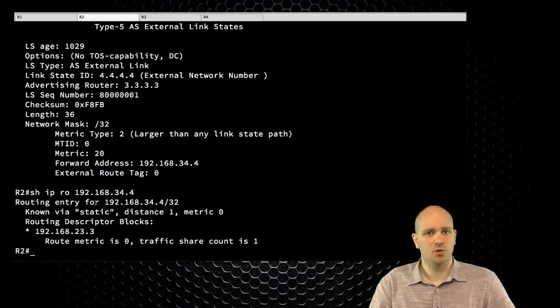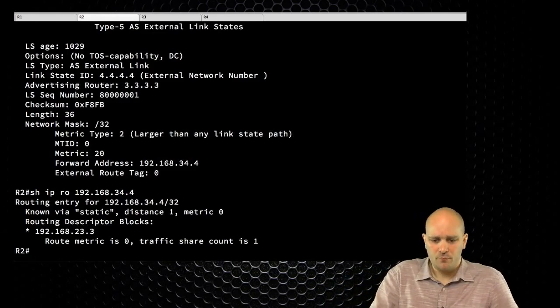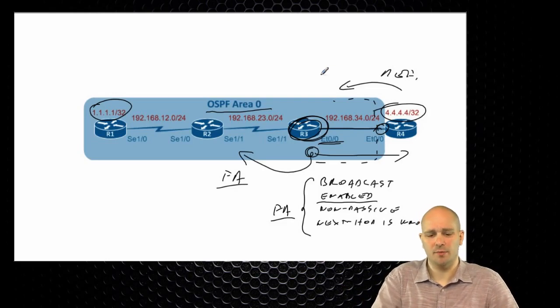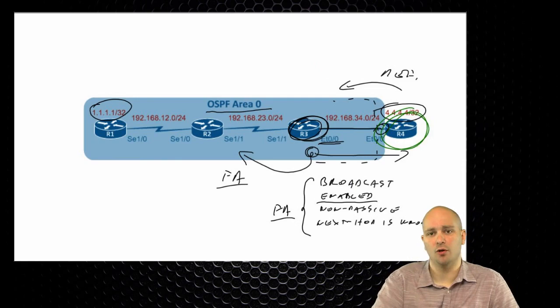Because in the exam, you need to correct the underlying issues without removing any of the configured features. Now, one of the configured features in this situation is the static route on R2 that is causing our problem. So we cannot remove that. What can we remove? Well, if we take a look at our diagram here, R4 is not running OSPF.